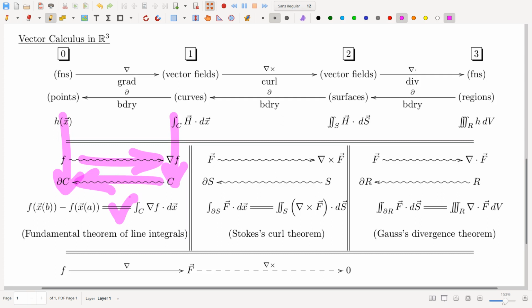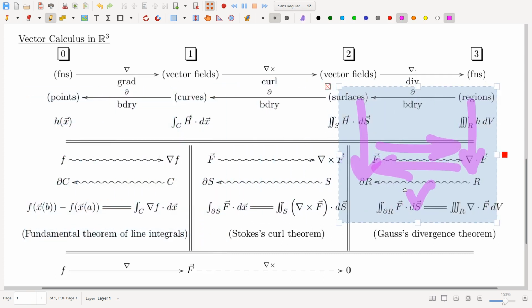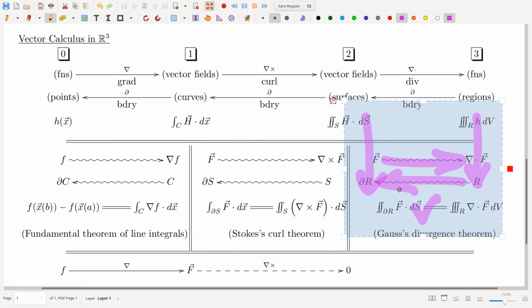So we've already made this observation, but let's make the final observations about the strength of the analogy with these other theorems. I claim that this pattern is exactly the pattern that holds for Gauss's divergence theorem. It's the exact same pattern. Now, it's elsewhere in the diagram, or said differently, it's about a completely different geometry.